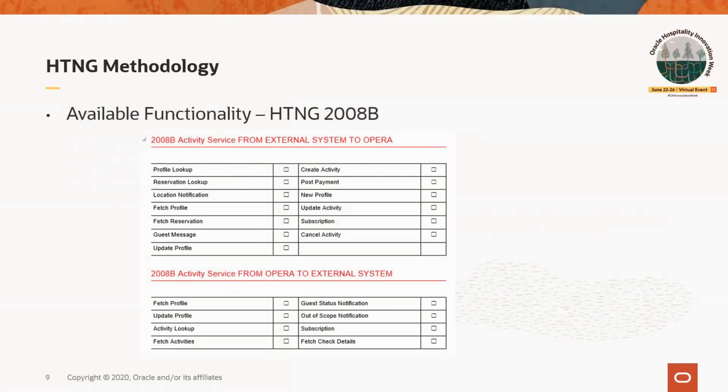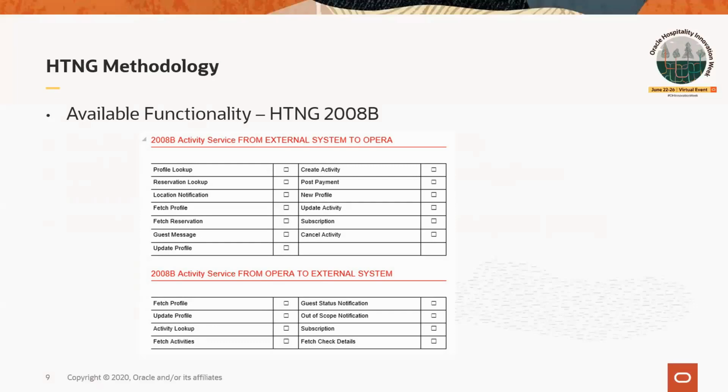Here we can see some features that are available within the 2008B specification and which way the messages flow. A few examples, but not limited to, are a posting type interface that would consume and use the reservation lookup, fetch reservation, and finally the post payment message.